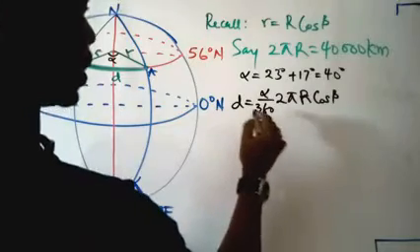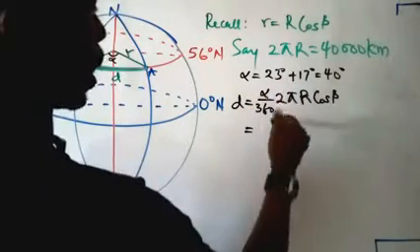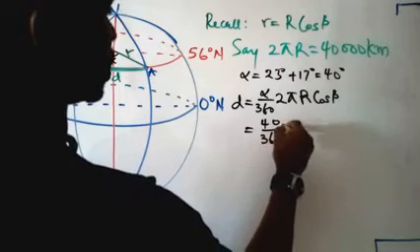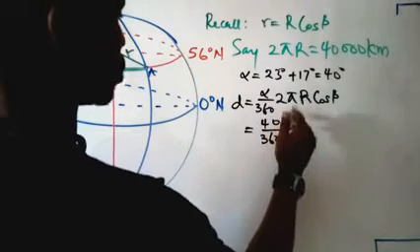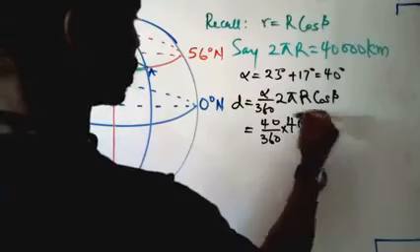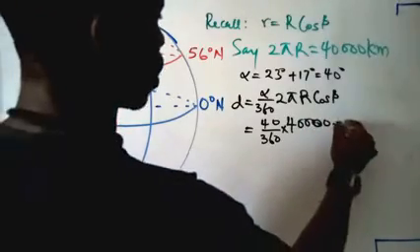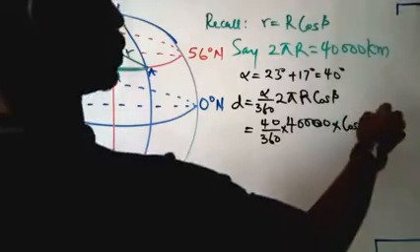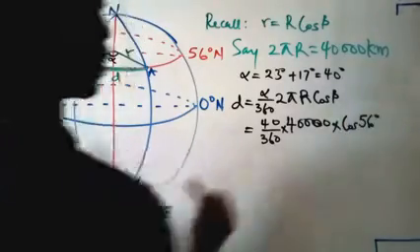So that will now be written as my alpha is 40, over 360, then times 40,000, then cos my latitude, which happens to be 56 degrees.